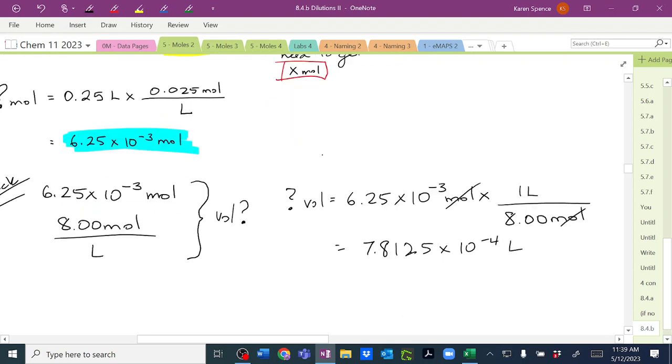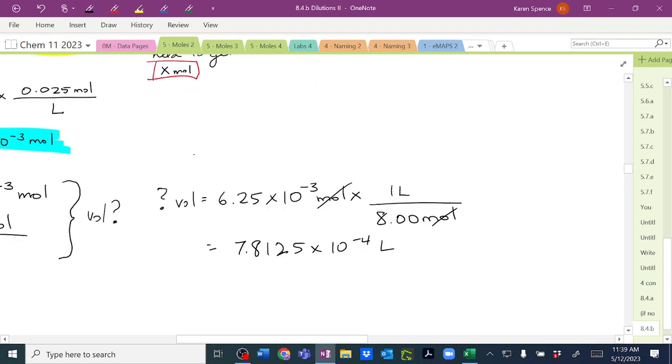Liters. Now, does it make sense to keep that as liters, or do you think we should change it to milliliters? Would it be easy to measure out 7.8125 times 10 to the negative 4 liters? Probably better to change it to milliliters.